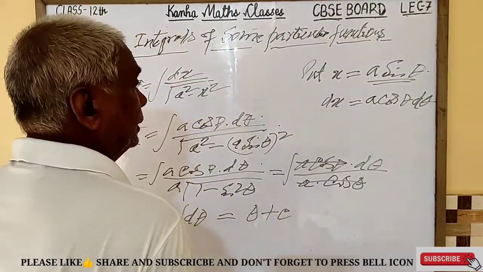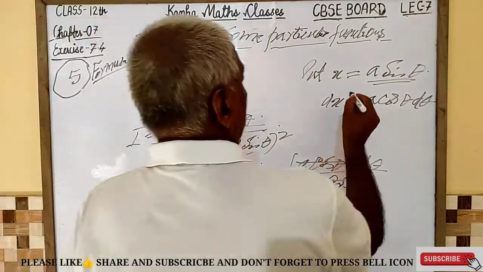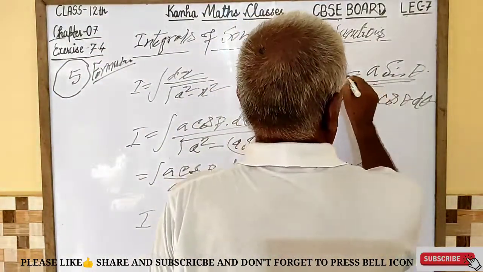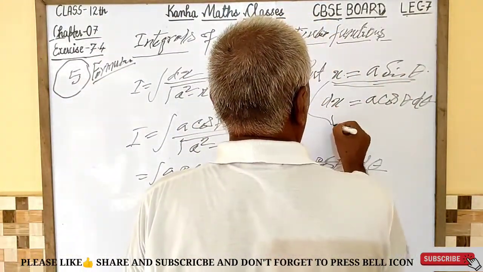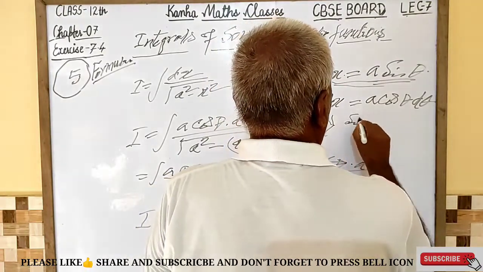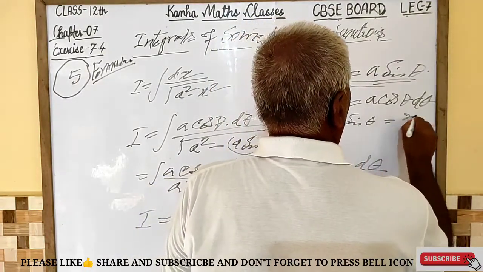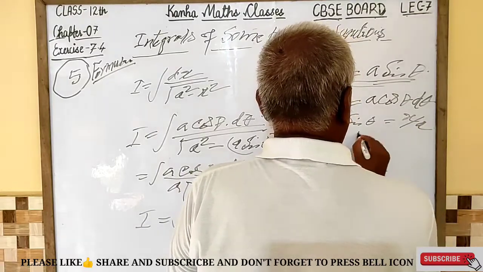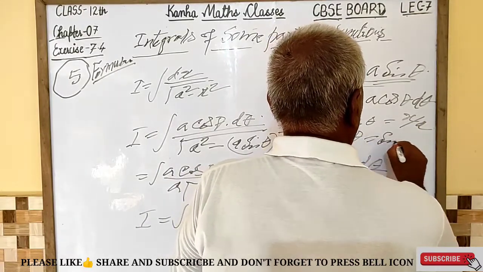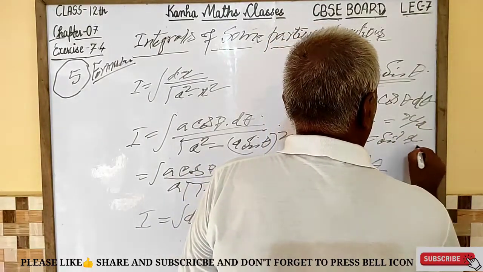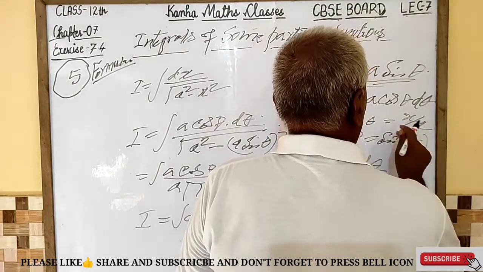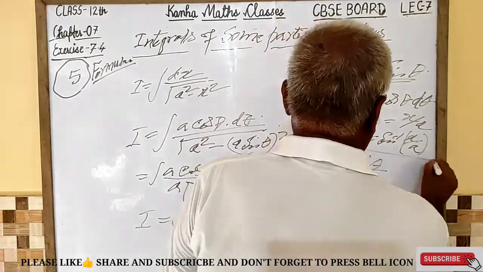Theta plus c. So actually we here substituted x is equal to a sin theta, means sin theta is equal to x by a, and theta is equal to sin inverse x by a.